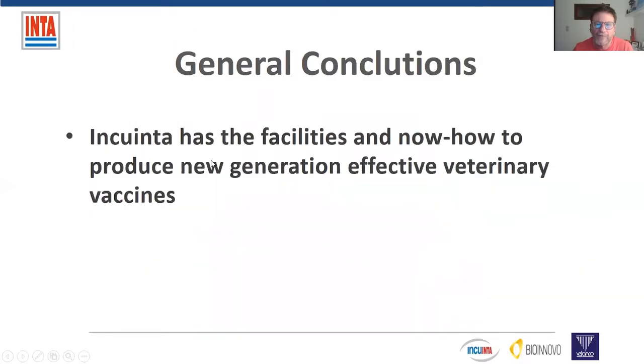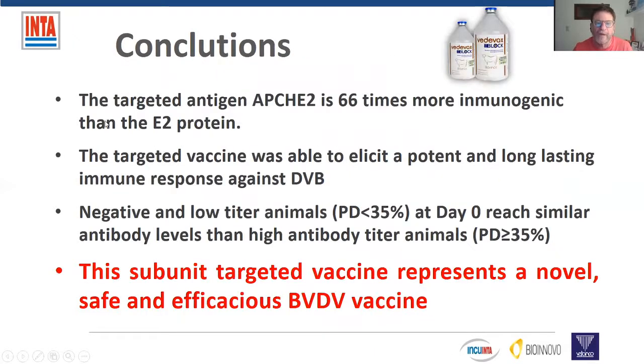In conclusion, we can say that the target antigen IPCH2 is 66 times more immunogenic than the E2 protein alone. The target vaccine was able to elicit a potent and long-lasting immune response against BVDV. The last result shown is that negative and low-titer animals at day 0 reach similar antibody levels to high antibody titer animals.